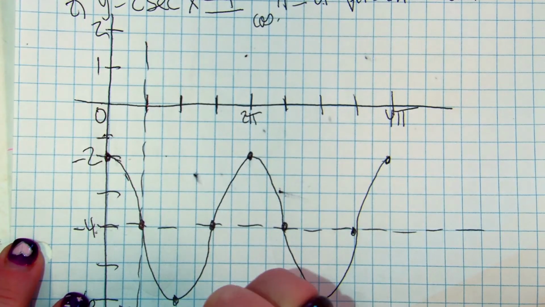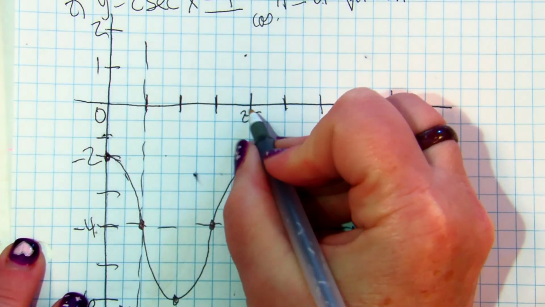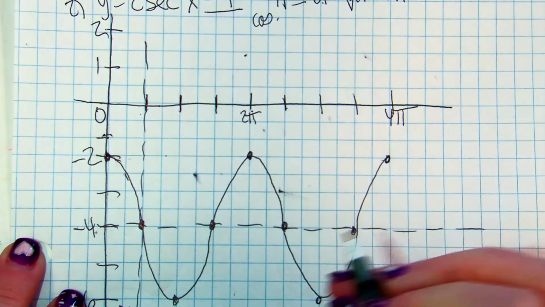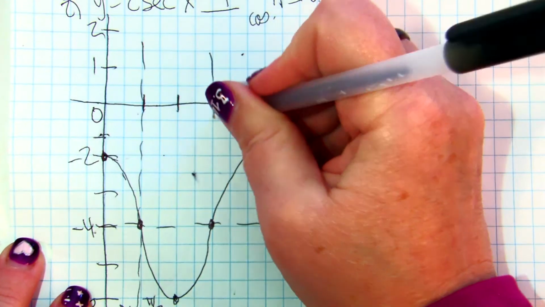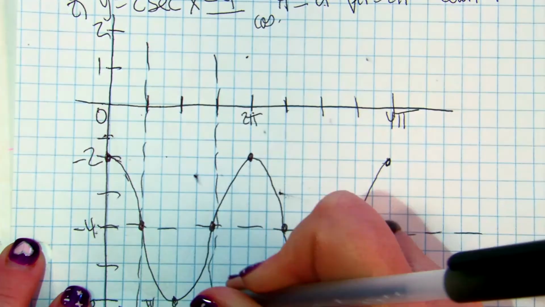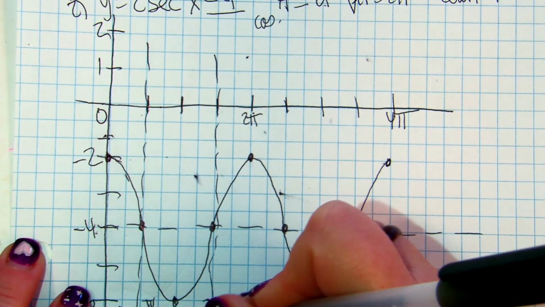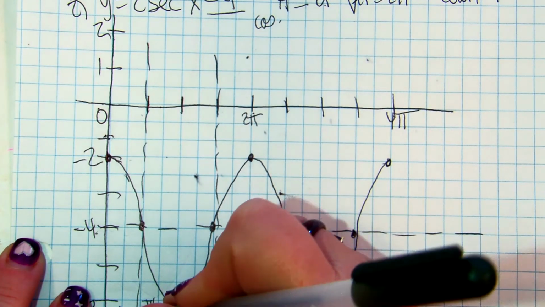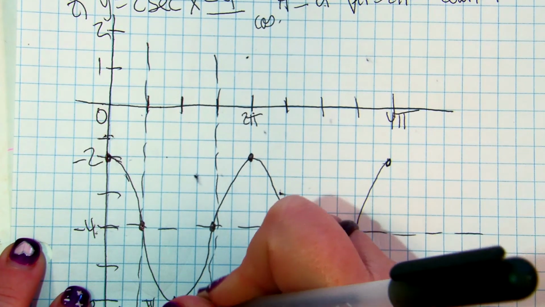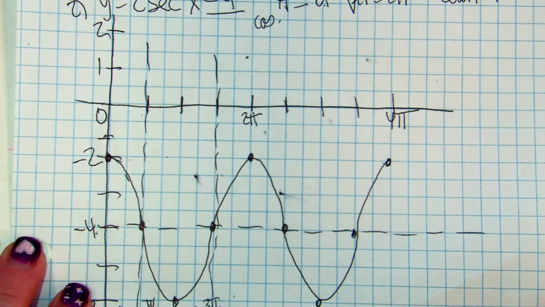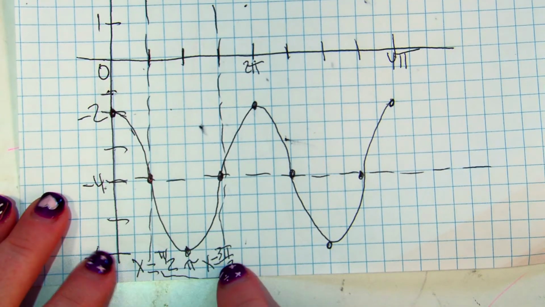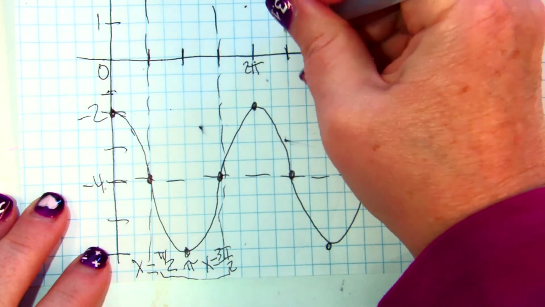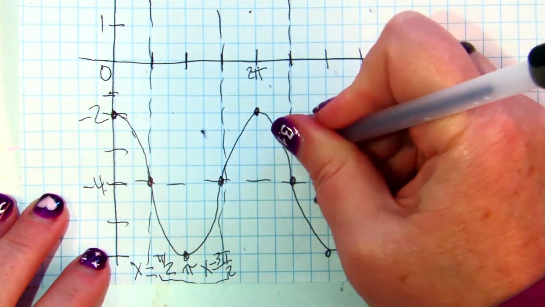So x equals, this is 2 pi and 1/4 of 2 pi. 2 pi over 4 is pi over 2. The next one is at 3 pi over 2. The distance between them is pi, between pi over 2 and 3 pi over 2. It's half the period.